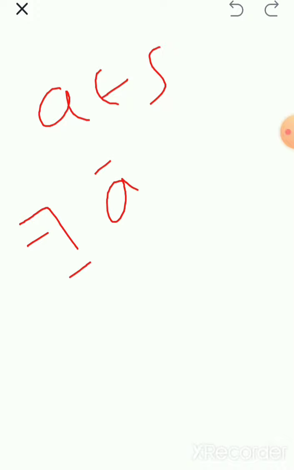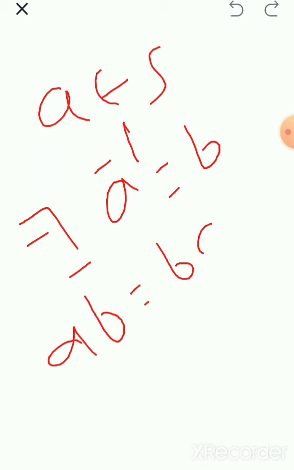Next one, multiplicative inverse, that is the property number 10. For any A belongs to S, there exists A inverse. Again, it is written as A inverse, or it may be called something B, such that AB equals BA equals 1.